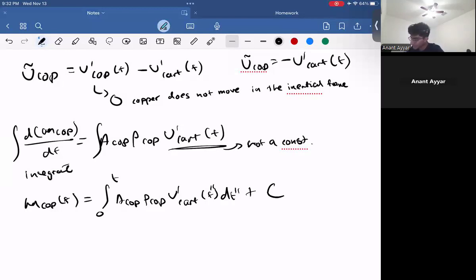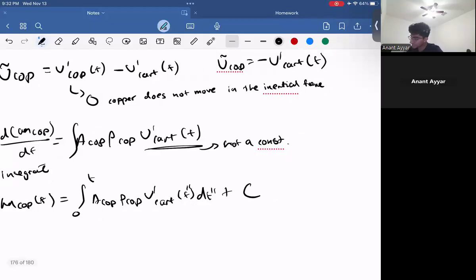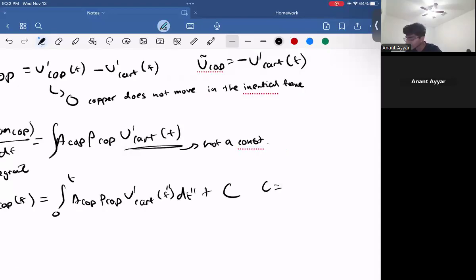And then we know this constant because at t equals 0, this entire integral will disappear. So this c is simply, c is equal to m cop of 0.